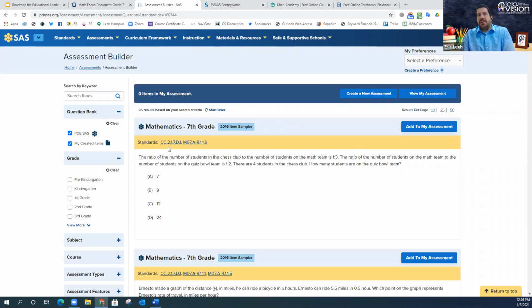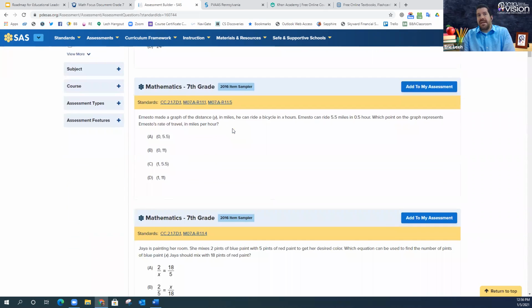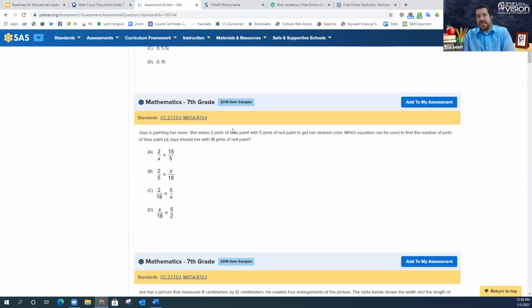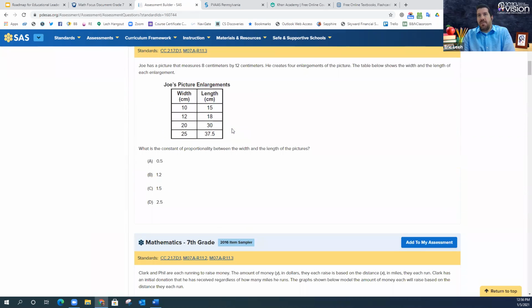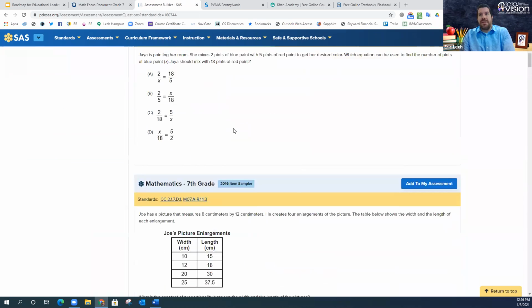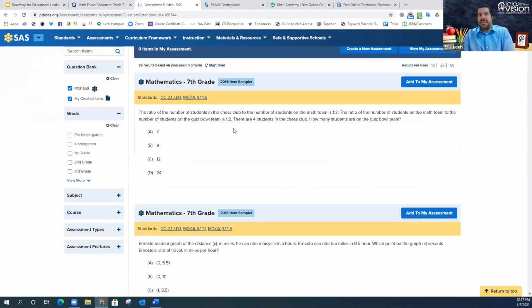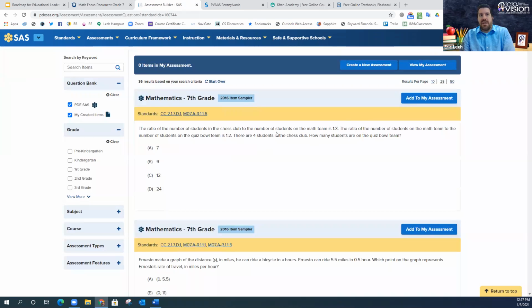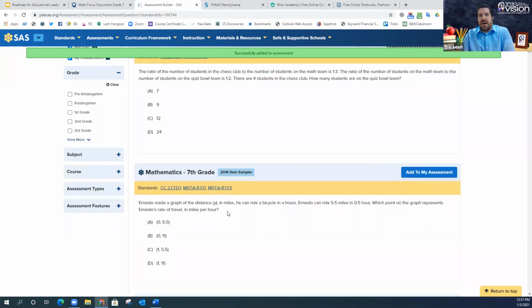So you'll see here, I found some 7th grade math questions that maybe have come from previous item samplers or previous tests that we could use to determine our students' understanding on grade level. So I might choose several of these questions, and I see one here on ratio of students. So I'm going to add that question.